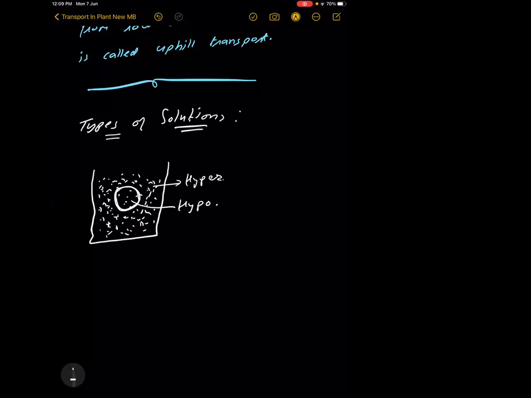And hypotonic means, suppose this is another experiment, here this is the solution and this is the cell. So which is hypotonic? Now the outer solution is hypotonic, and the cell sap is hypertonic.